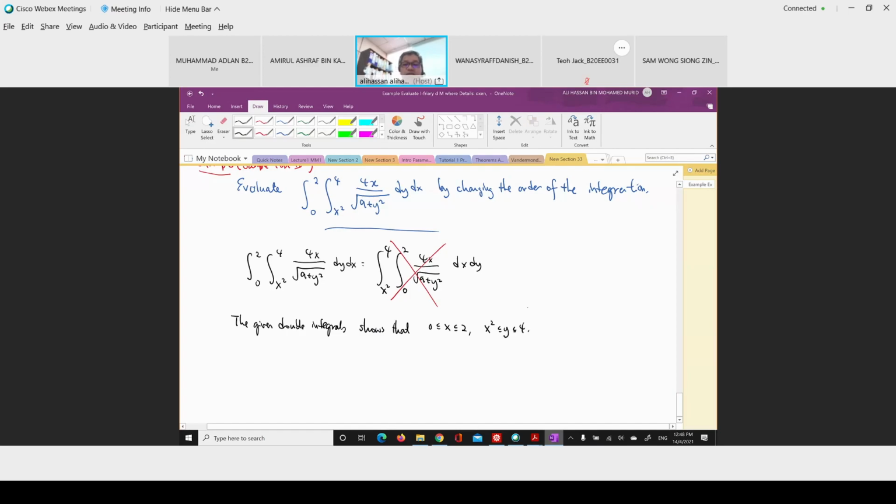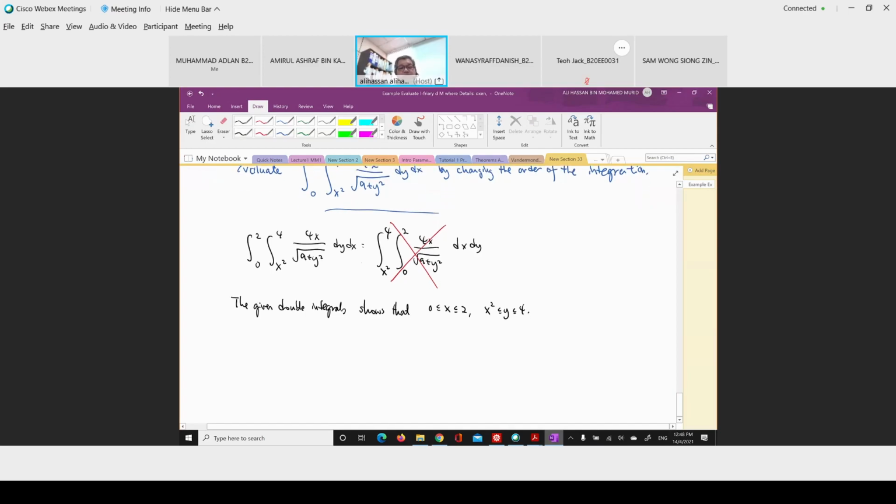So here you see the limits are not totally numbers. The limits for x are numbers, but the bounds for y are not totally numbers. Y is bounded on the left by x squared, a function.